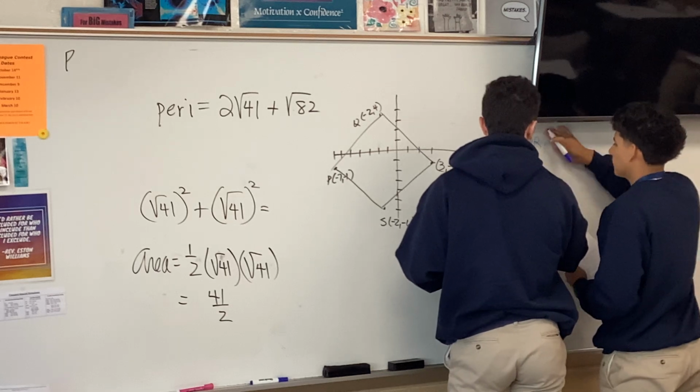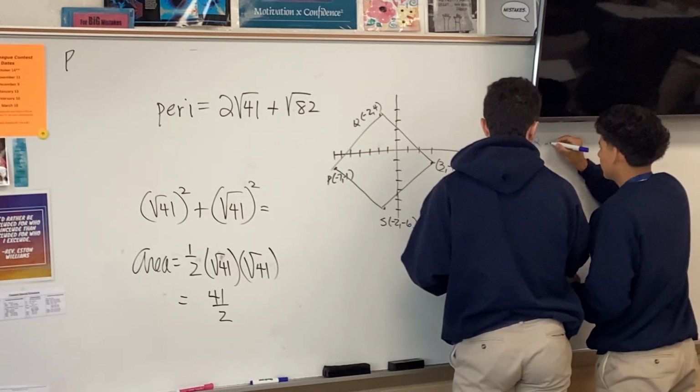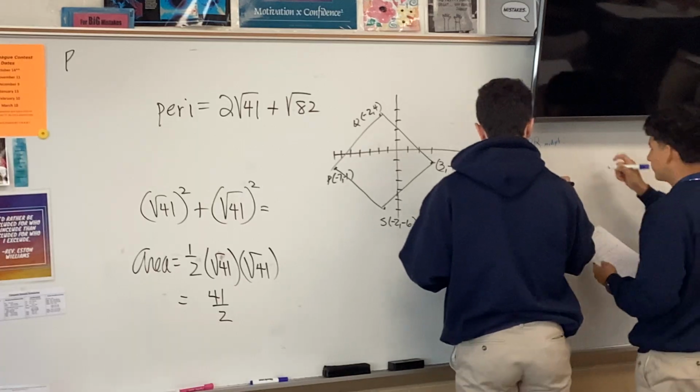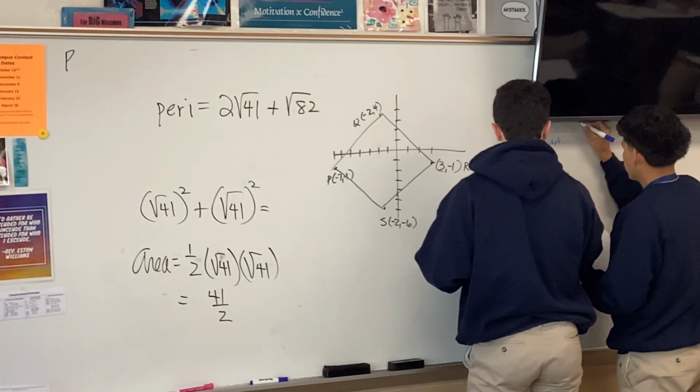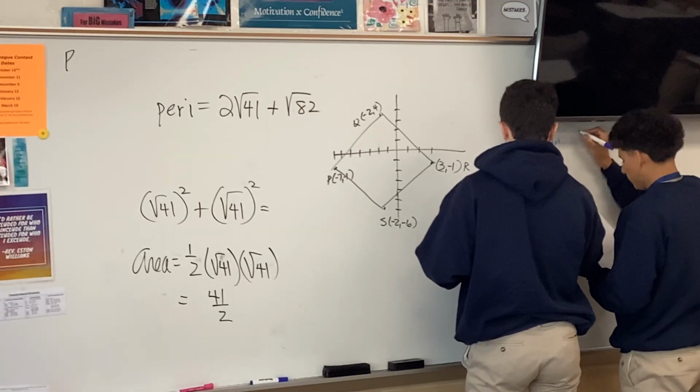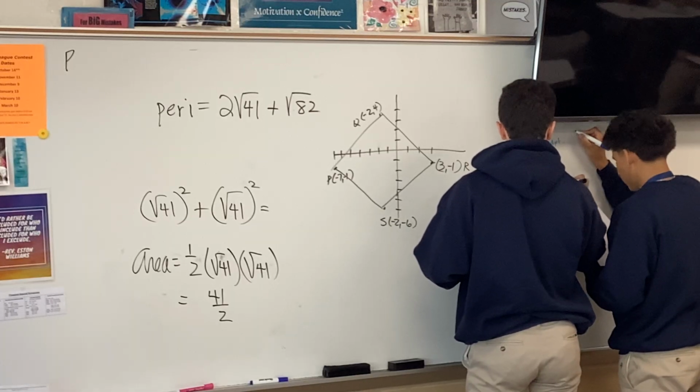They're finding the midpoint. And what should happen if the diagonals bisect each other? Each diagonal is going to have the same midpoint. So did that happen for you?